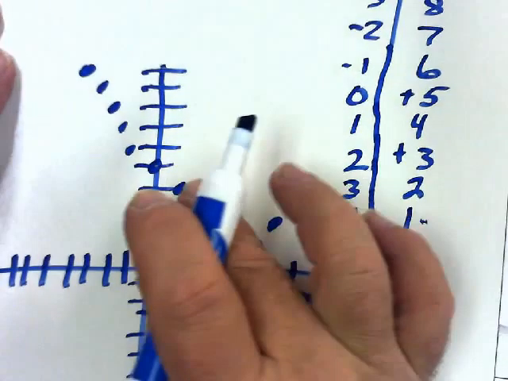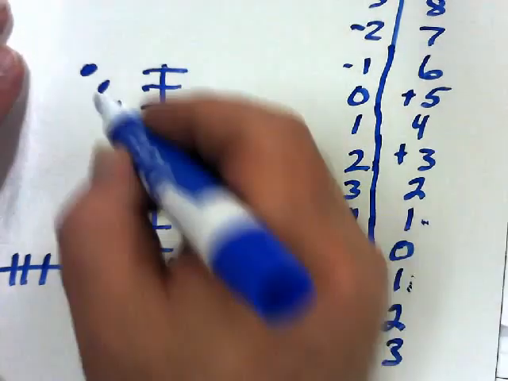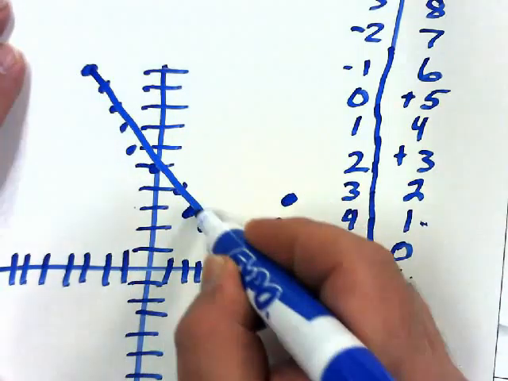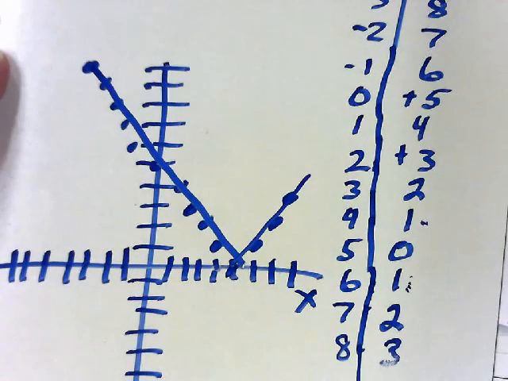Doing a rough graph, I'd say I have my V. Yep, it forms a V.